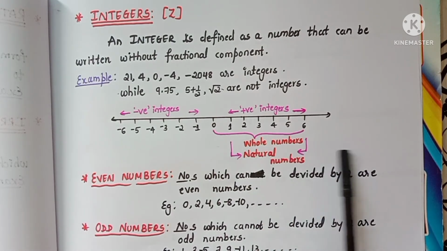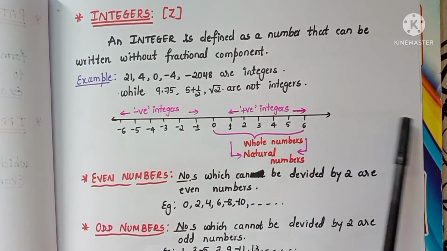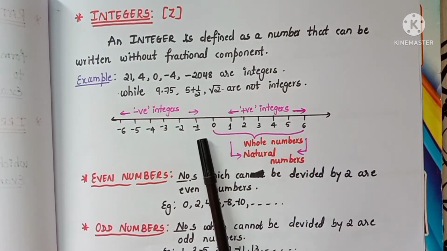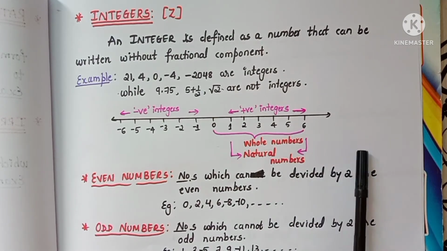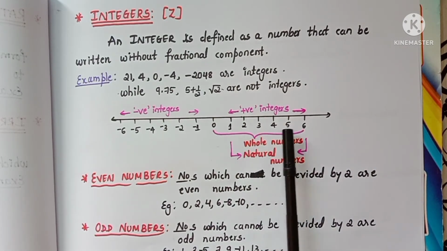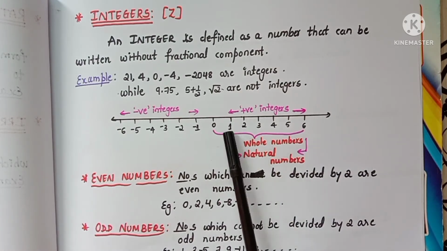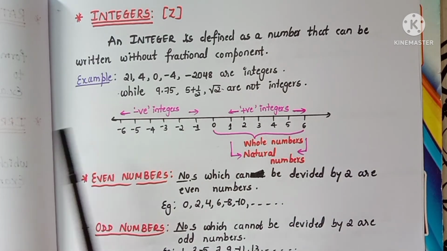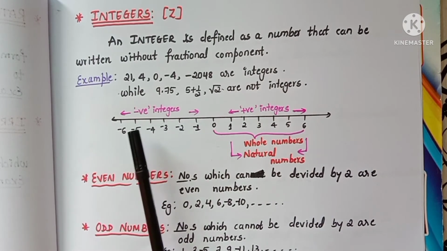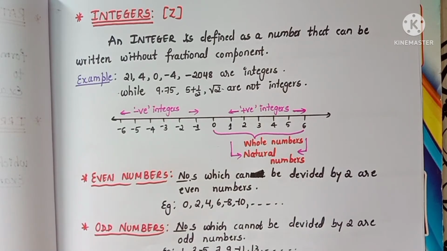Natural numbers do not include 0, whereas whole numbers include 0. Whole numbers mean 0, 1, 2, 3, 4, 5, 6 and so on. Natural numbers mean 1, 2, 3, 4, 5, 6 and so on. Positive integers mean 1, 2, 3, 4, 5, 6 and so on. Negative integers mean -1, -2, -3, -4 and so on. Integers also include 0. Okay.